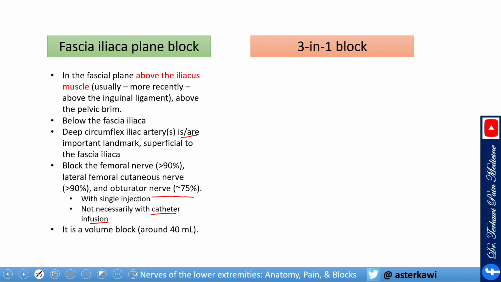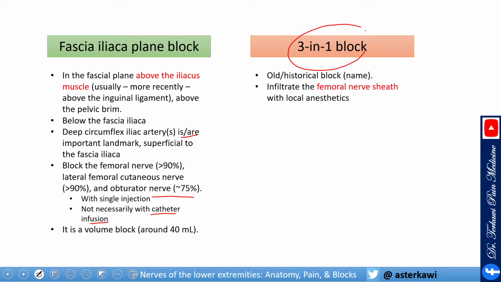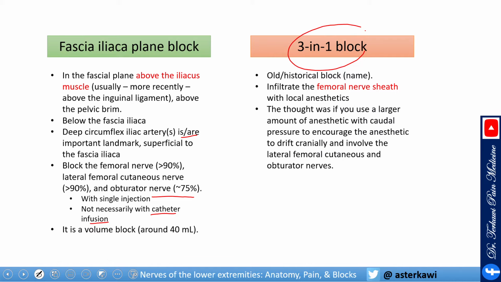Now, back in the days, there was something called the 3-in-1 block. It's an old historical name. No one uses it now, but just in case you've seen it in the literature. So basically, they would infiltrate the femoral nerve sheath with the local anesthetic.